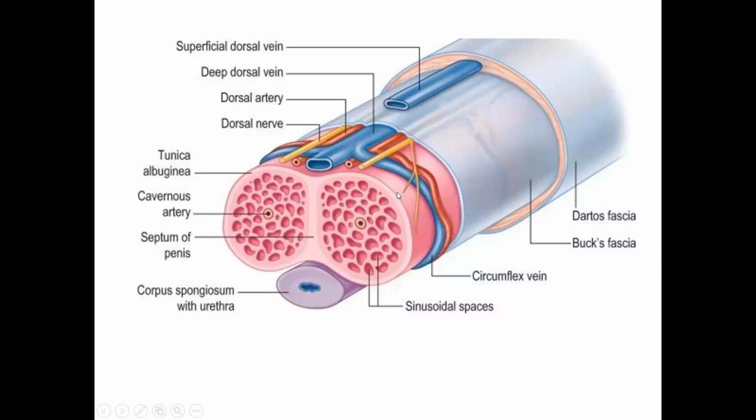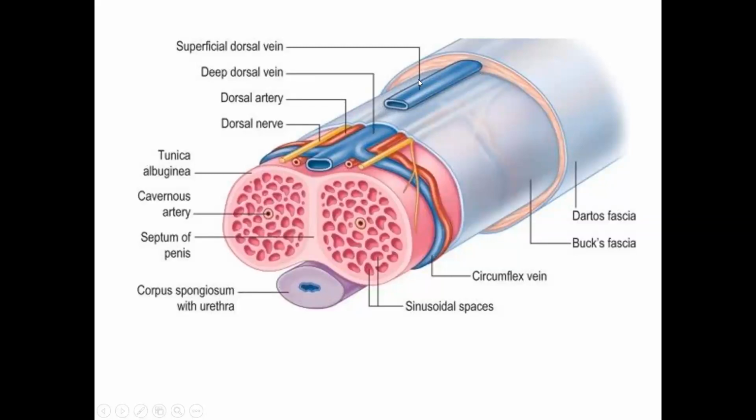There is an additional layer of fascia covering the penis, called the buck's fascia. It is a thickened equivalent of Scarpa's fascia of the abdomen. This fascia ensures that the vessels within it do not have space to expand, whereas those vessels superficial to it can easily expand.